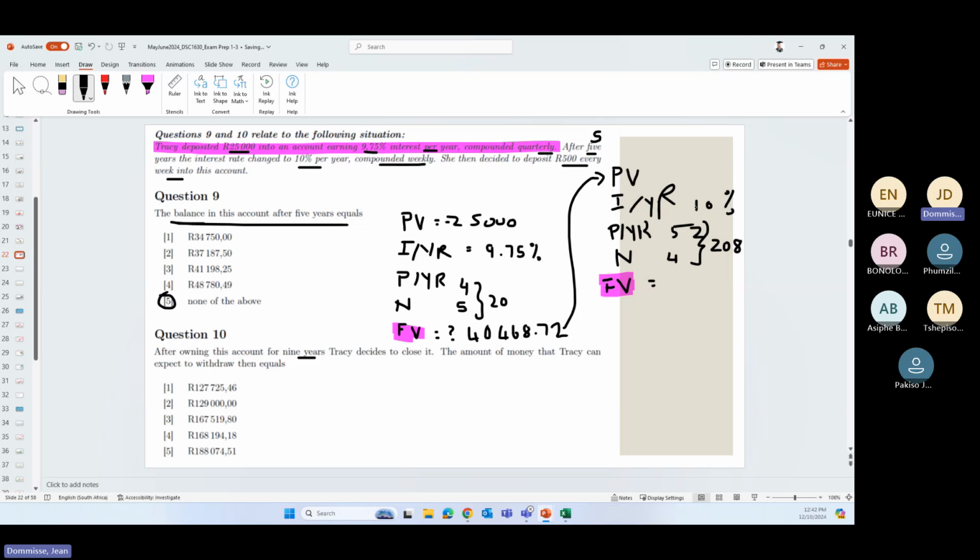Then your interest rate is 10%, 52 times per year for 4 years, so that gives you 208 periods. My future value on that component is 60,349.05.